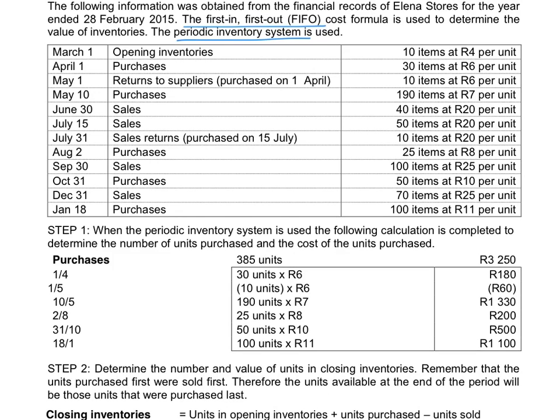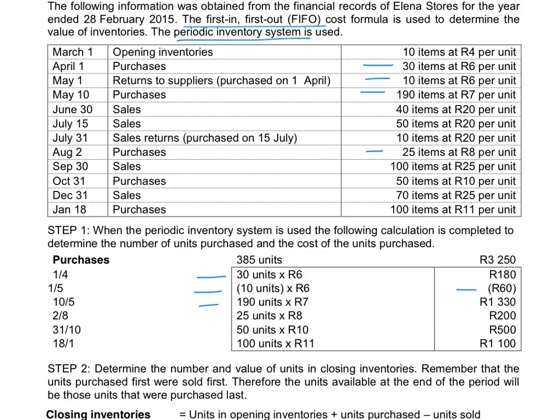The first one is 30 units at 180 Rand. Then there were returns of 10 units, so we reduced the number of units and we reduced our purchase price. Then 190 units were purchased at 7 Rand each, and we record the total expense.